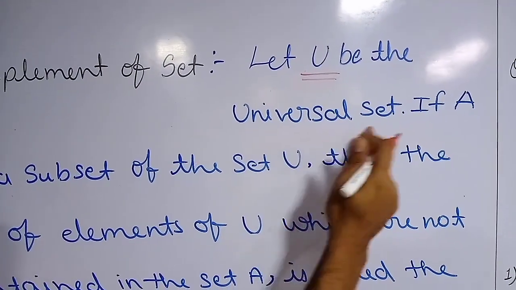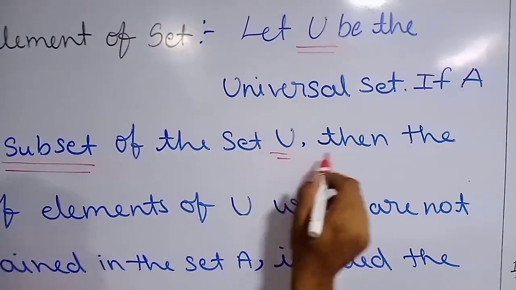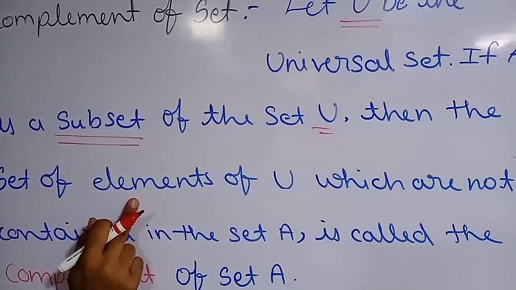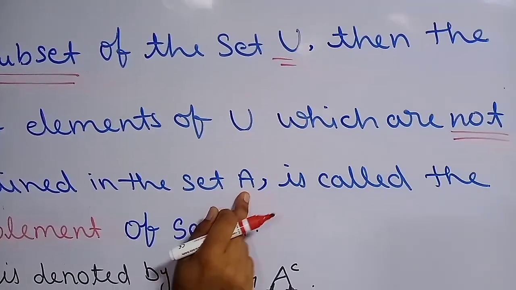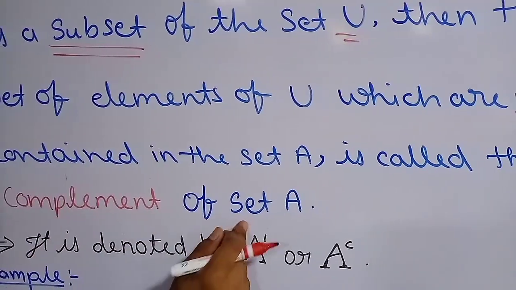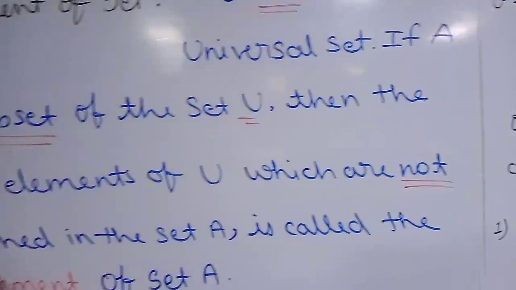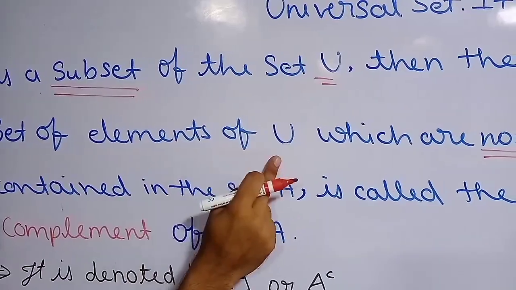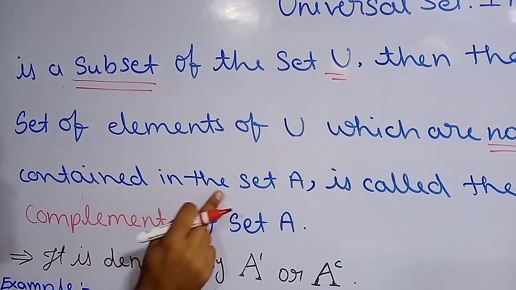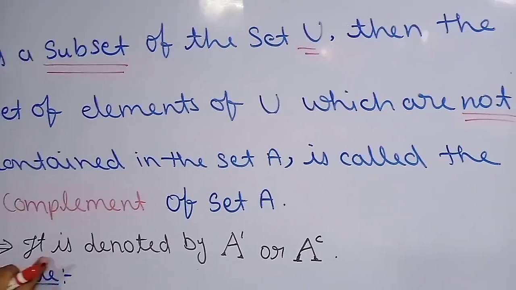If A is a subset of the set U, then the set of elements of U which are not contained in the set A is called the complement of set A. Once again, let U be the universal set, and if A is a subset of set U, then the set of elements of U which are not contained in set A is called the complement of set A, and it is denoted like this.